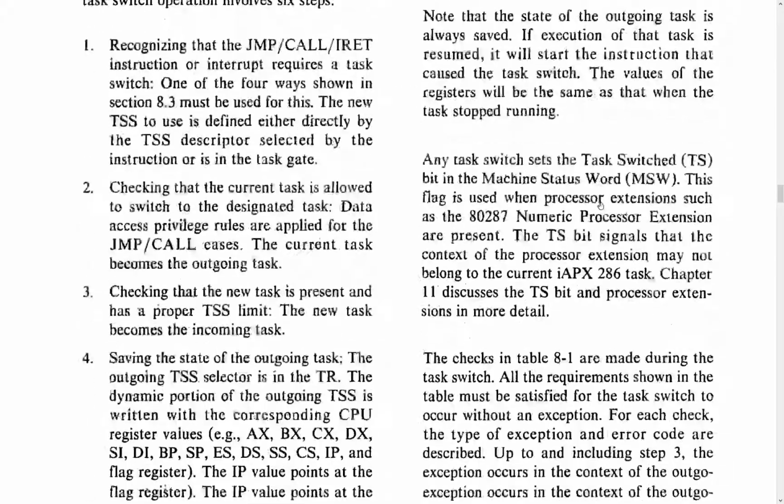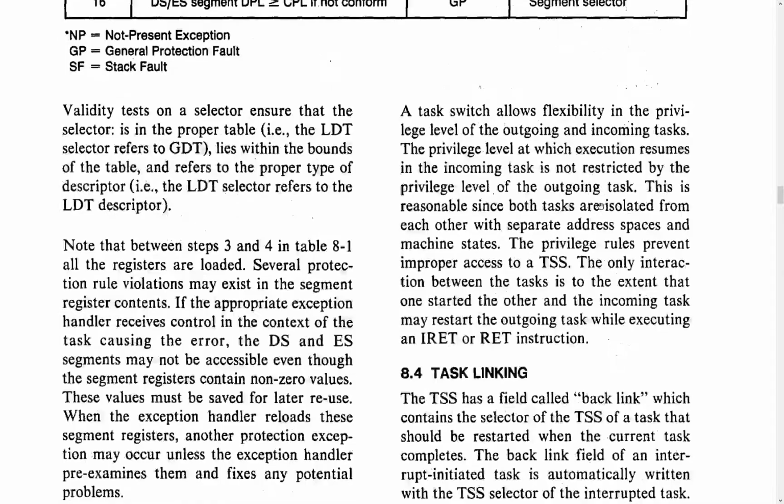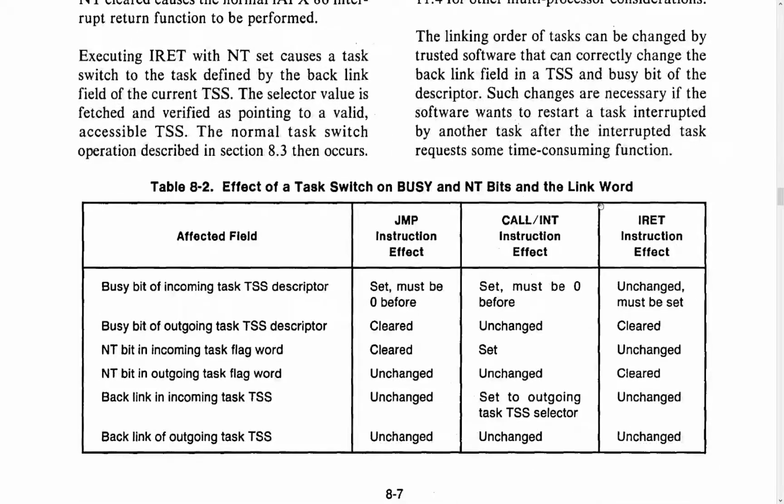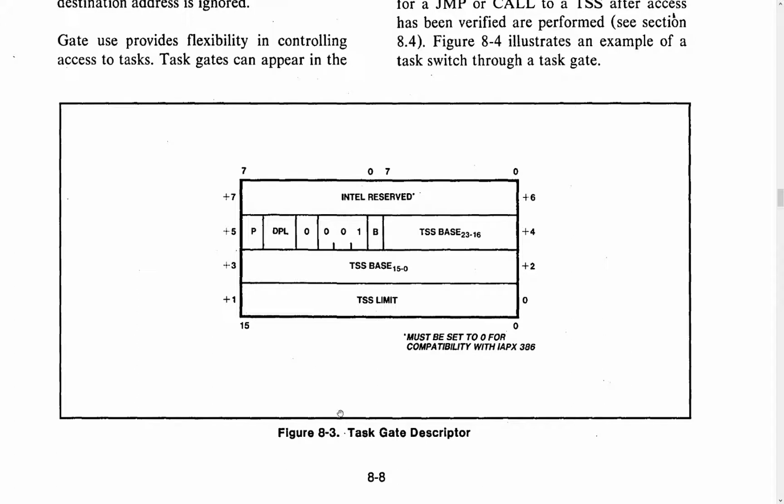But then I found out that there is another figure, which this time is a TSS descriptor instead of a task gate descriptor. So these two diagrams have been swapped around. And this tells us that there is this B bit, the busy bit of task state, and it should be one above it.